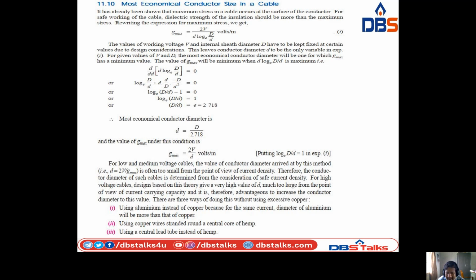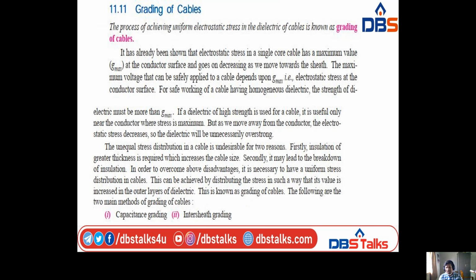We get the G maximum value equal to 2V by D volts per meter, right? So two derivations are important, and the most economical conductor derivation is important.